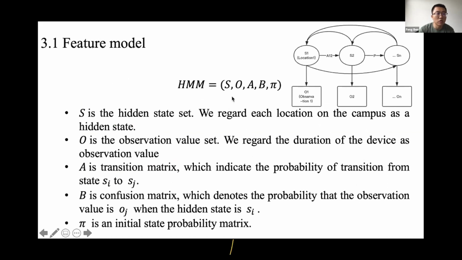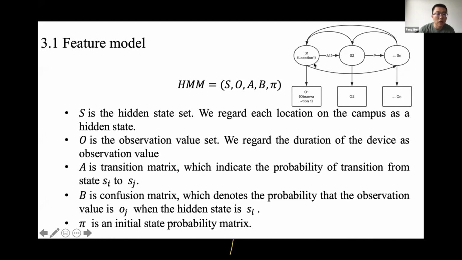A hidden Markov model has 5 elements, and S is the hidden state. In our project, we regard each location on the campus as a hidden state. O is the observation value set. We regard the duration information of the device as the observation value.